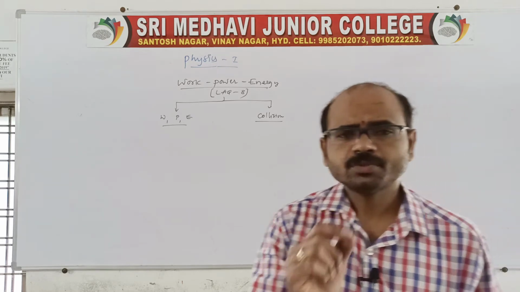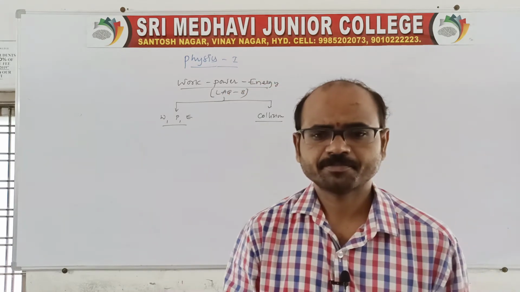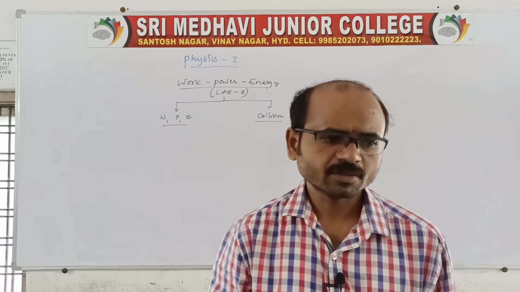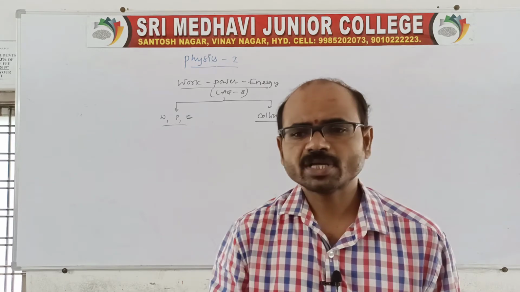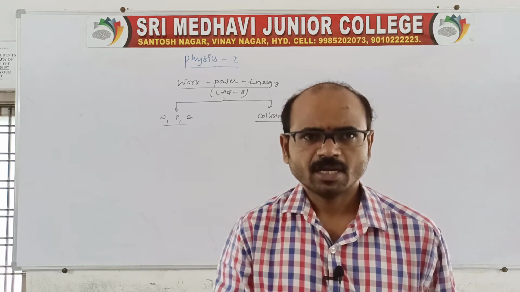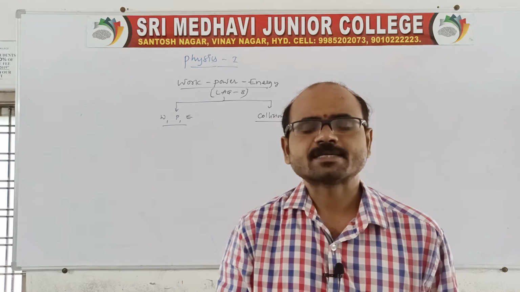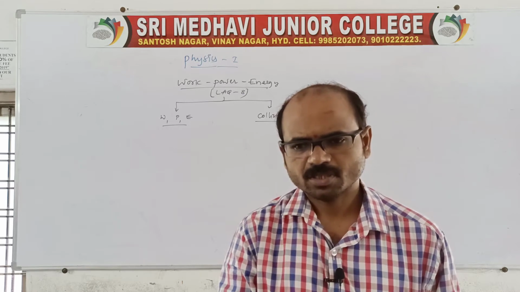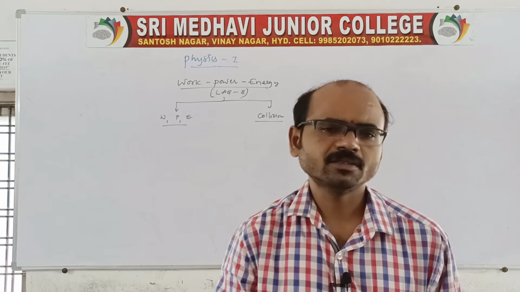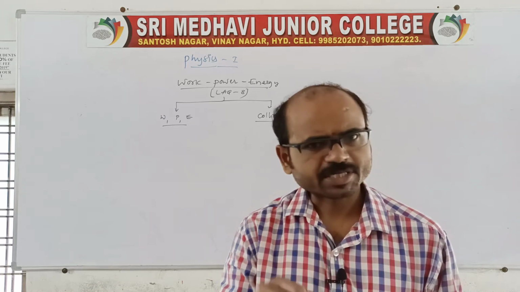Here I would like to discuss vectors, because already we know vectors. In that, we completed addition of vectors, and also we finished subtraction of vectors. Addition in the sense is we should add 2 vectors.